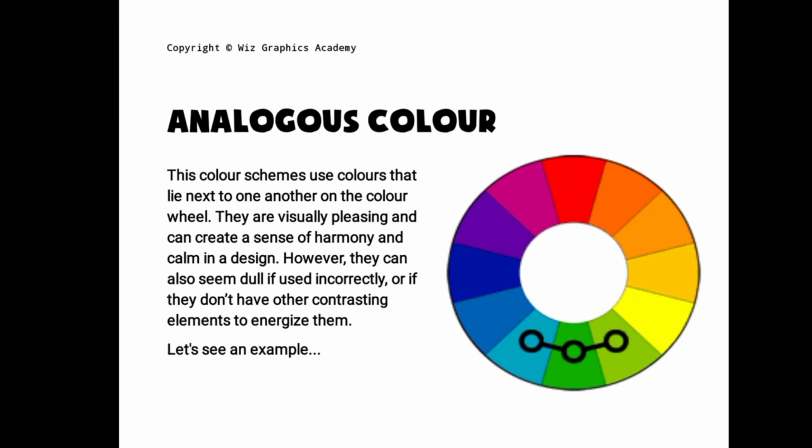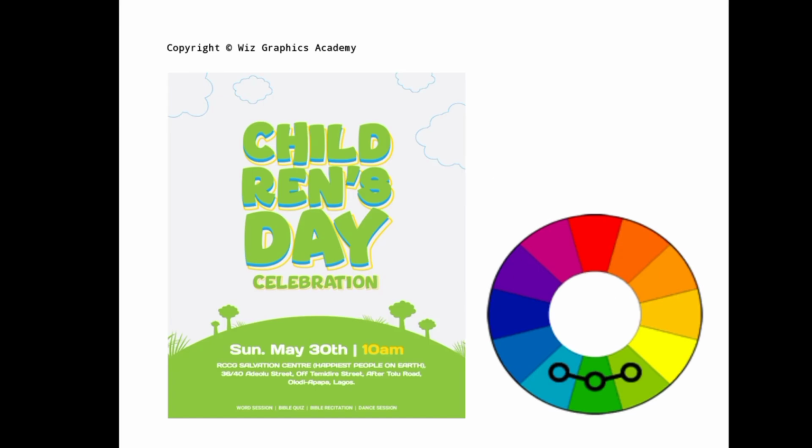So let's see an example. A very good example is this design. It actually used an analog color scheme here. So this is a very good example of how it works.